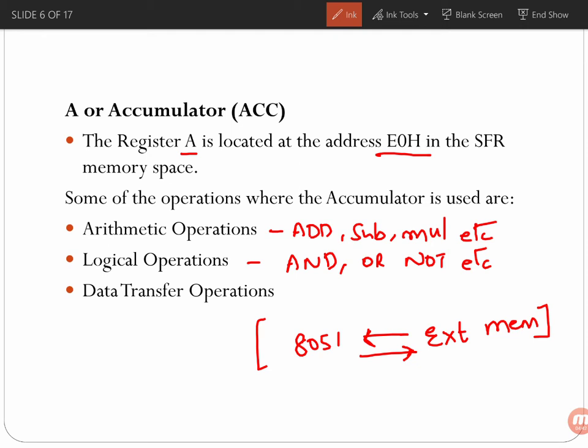The name accumulator came from the fact that this register is used to accumulate or store. It is generally used to accumulate or store the result of all arithmetic and most of the logical operations.